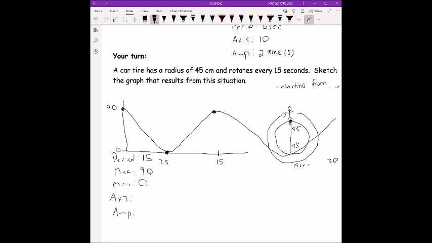Amplitude is max minus min. So 90 minus 0 divided by 2, which is going to equal 45. So that's my amplitude there. And it tells us here the radius of our tire is 45. Oh, you're looking at 15. I understand.